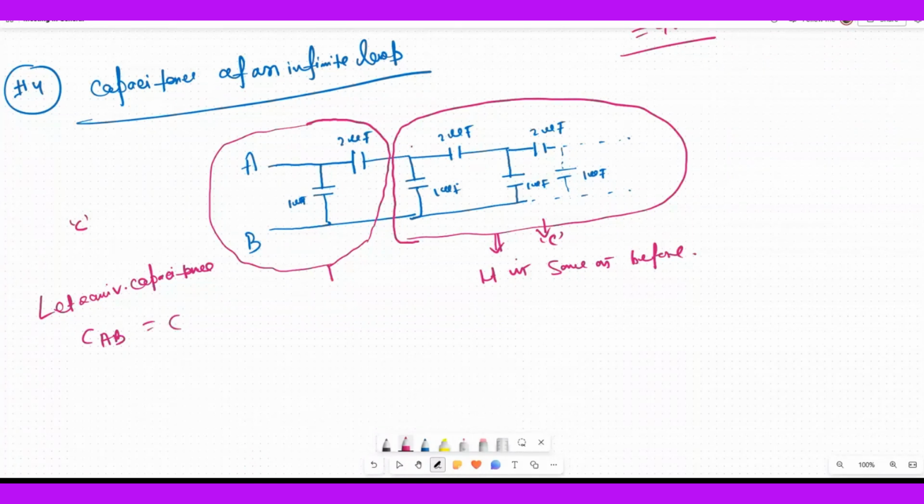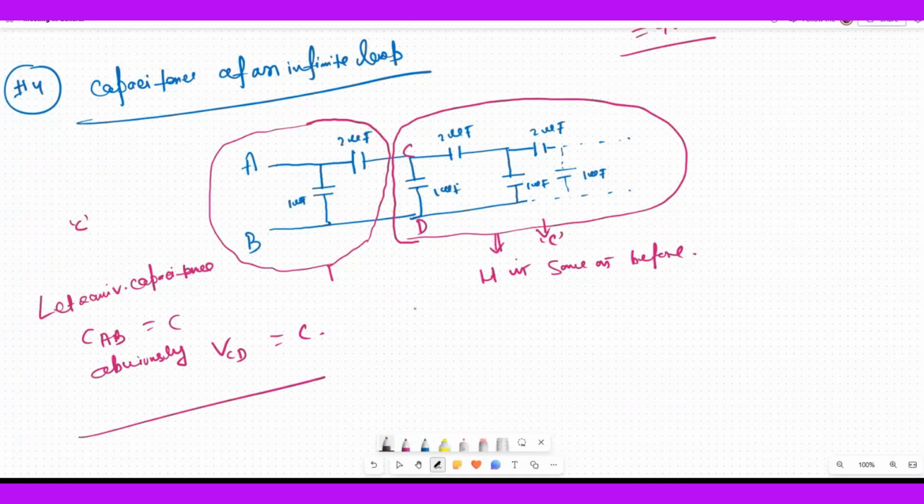If we take these 2 points C and D, then obviously CCD is also C. There is no problem in this understanding, because you have taken the equivalent capacitance of the whole circuit as C. So if the right part is C, and the whole circuit is C, then we can draw the equivalent circuit here by taking this one equal to C.